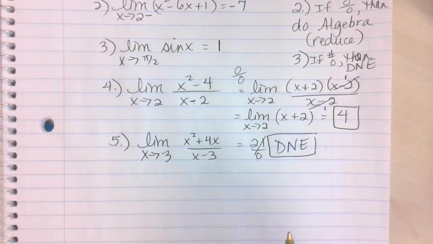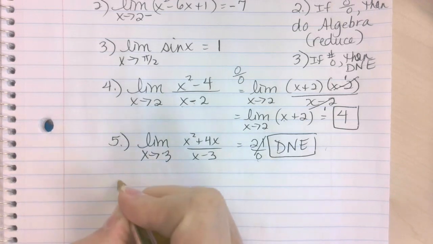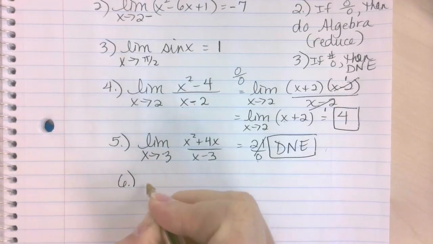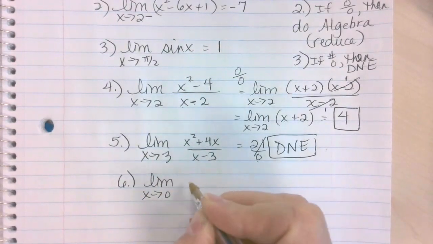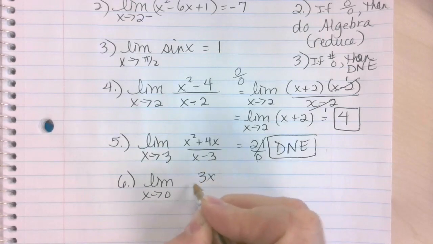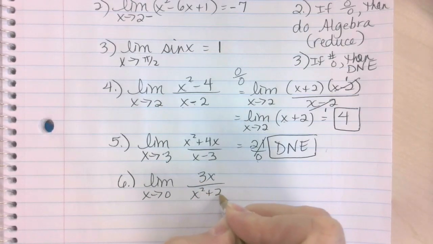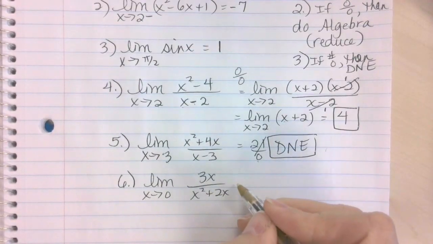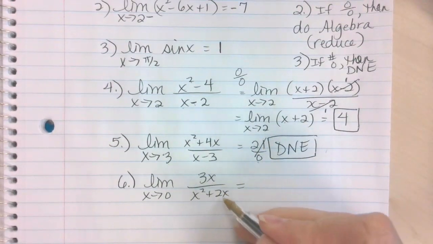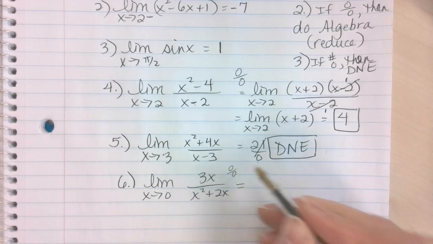Now, we may get a little bit trickier. Let's go to the little higher order problems. Actually, this looks very, very similar to number 4, doesn't it? If I plug in a 0, I get 0 over 0.